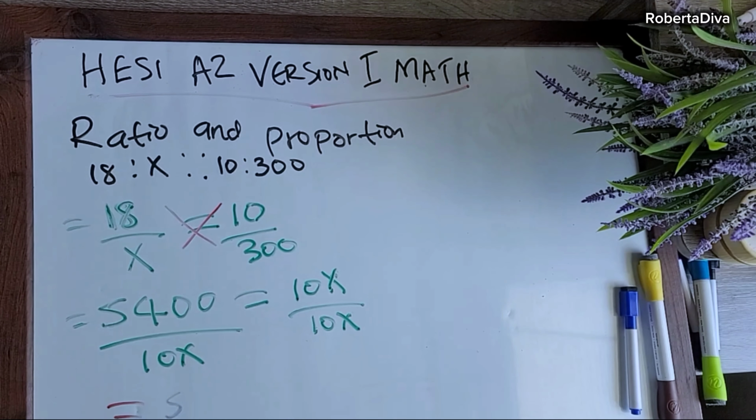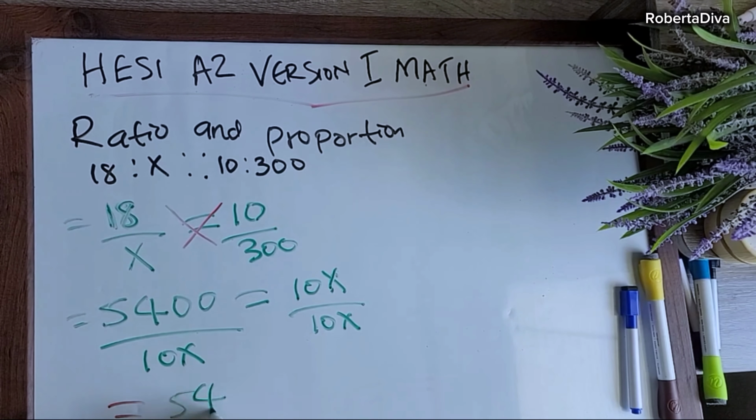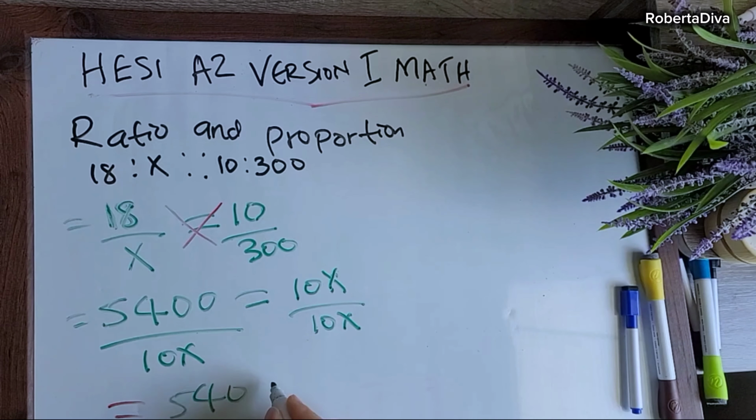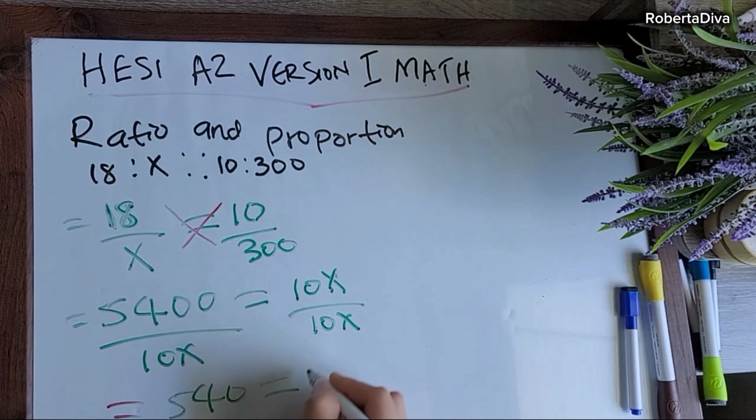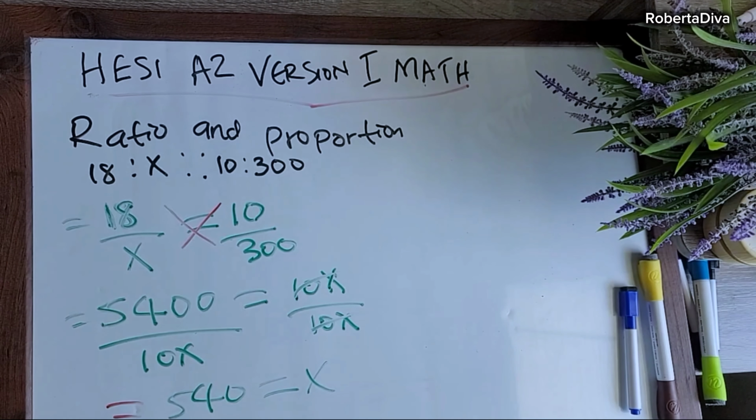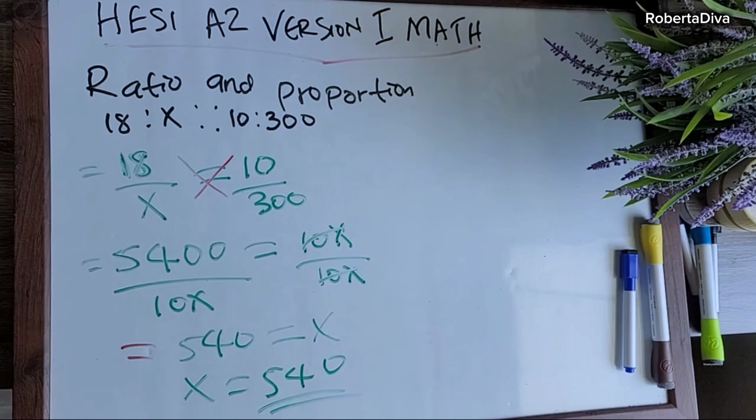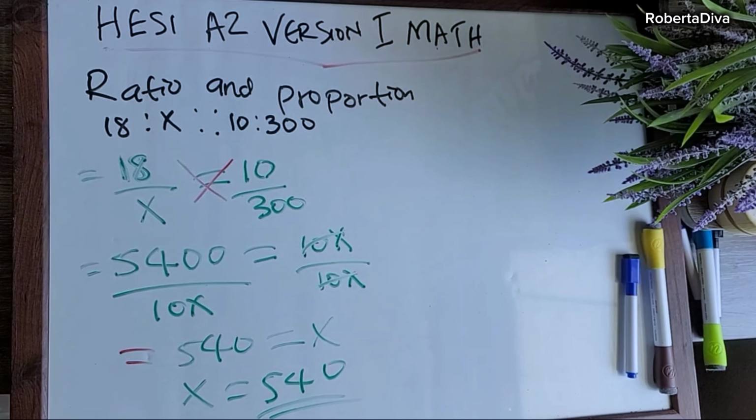And then 10x divided by 10 is 1x, the 10 is gone, right? So the answer is 540.